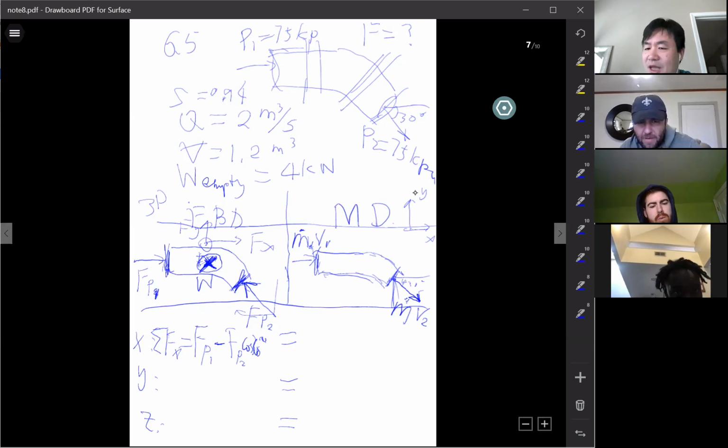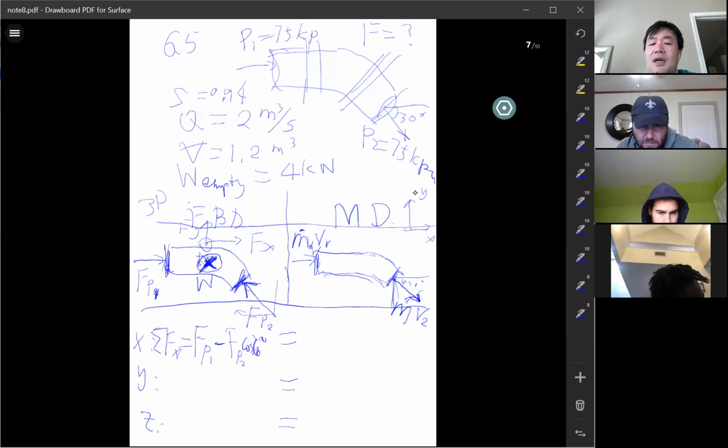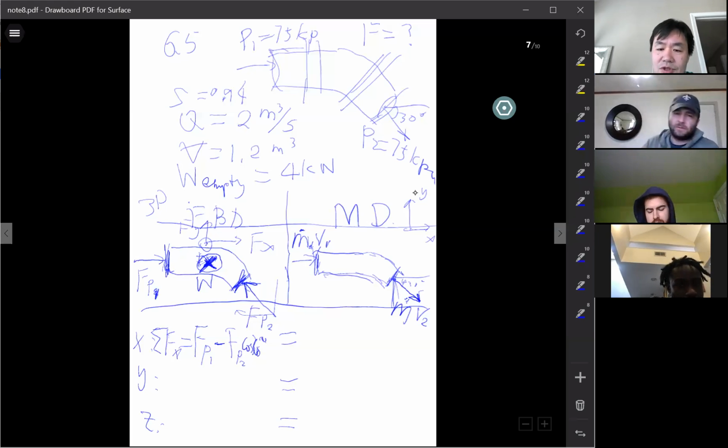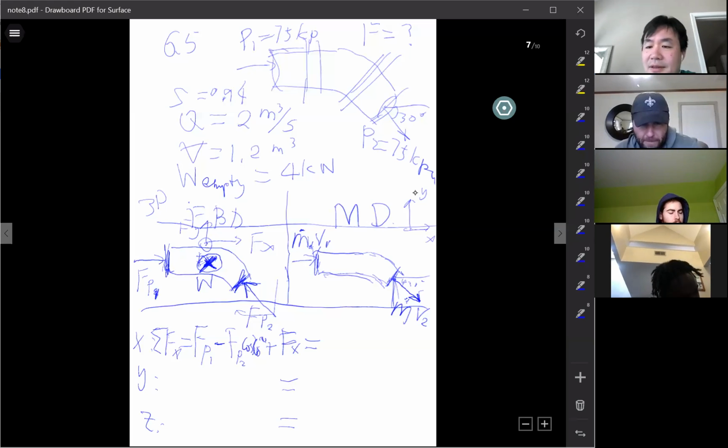You assume your free body diagram is correct, since you spent time to draw it and make sure it's correct. I just want to convert my free body diagram into my equation. So just plus Fx, put it down from the free body diagram.